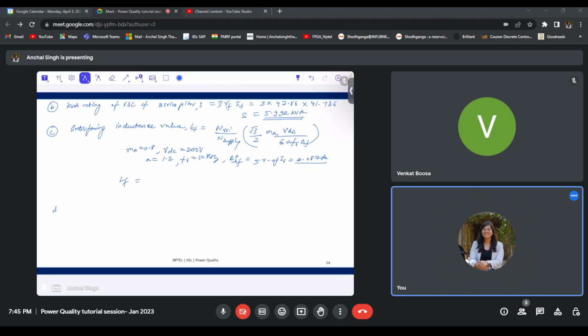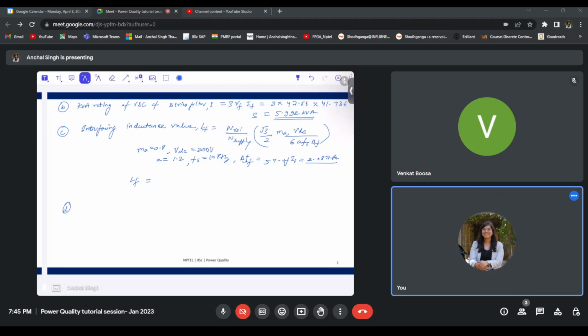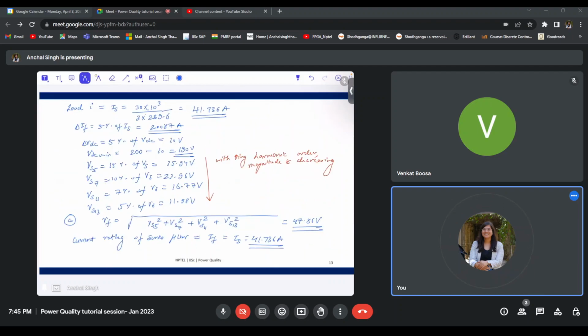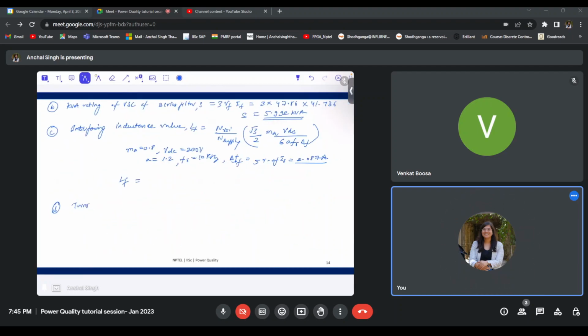So in the D part, we are asked to calculate the turns ratio of the coupling transformer, which is NVSI by N supply, which will be equal to VVSI by V supply.